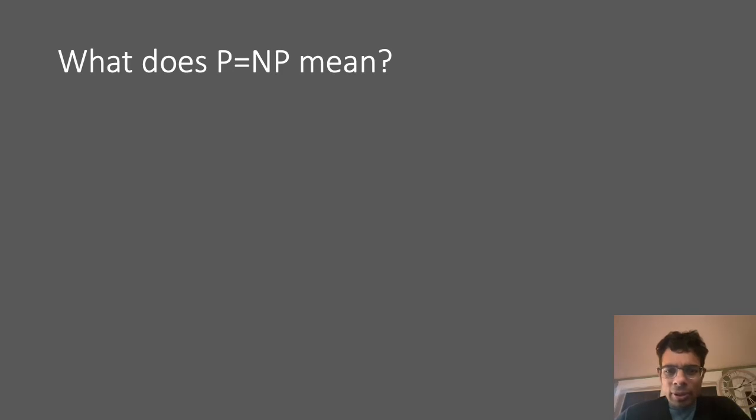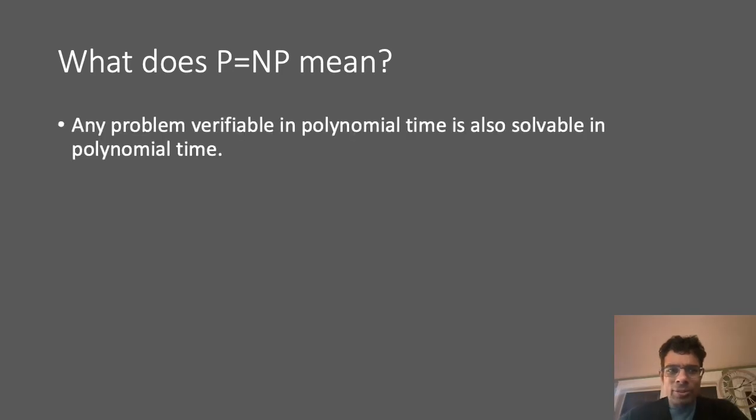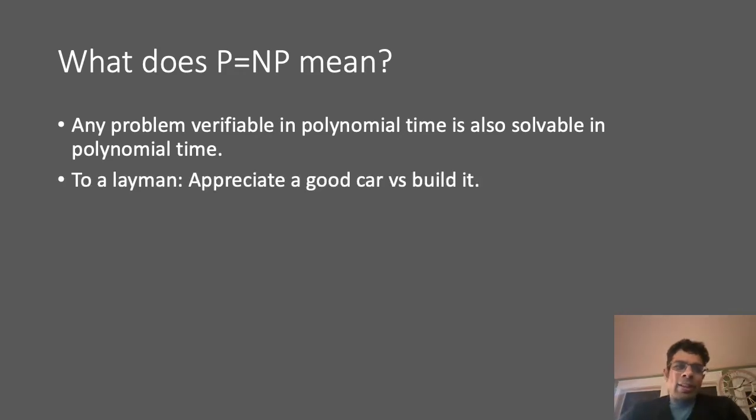So let's delve further into the ridiculousness of this conjecture. Again, it's saying any problem that you can verify easily, you can also solve easily. So let's translate that logically into a statement that a layperson could understand. If you can appreciate a good car, that means you can build a good car as well.